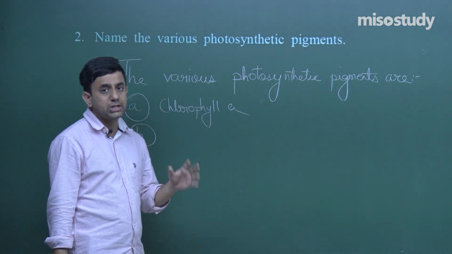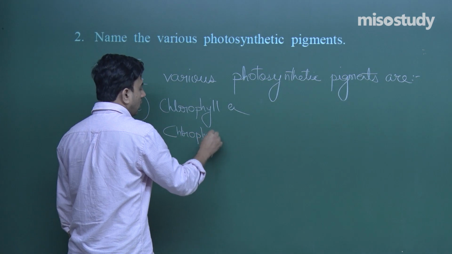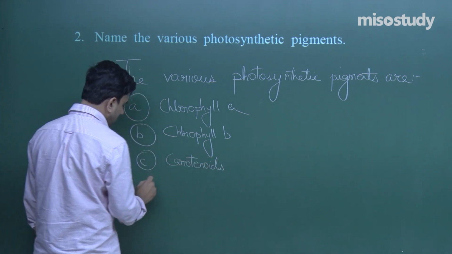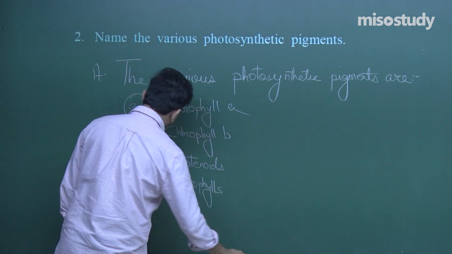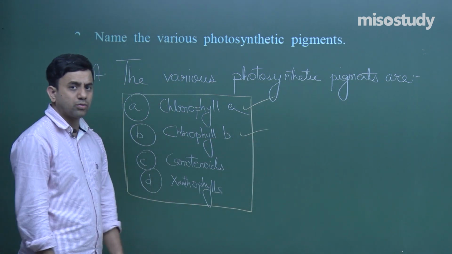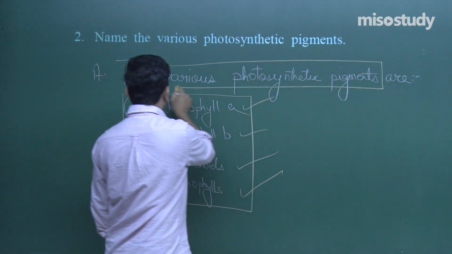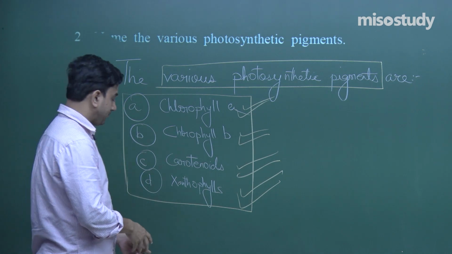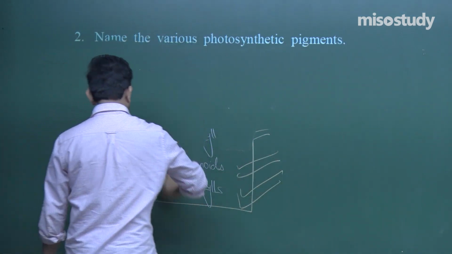There are many chlorophyll pigments, but mainly there are two main ones, chlorophyll A and chlorophyll B. So, chlorophyll A, chlorophyll B, carotenoids and xanthophyll, these are the various photosynthetic pigments which we are going to see.